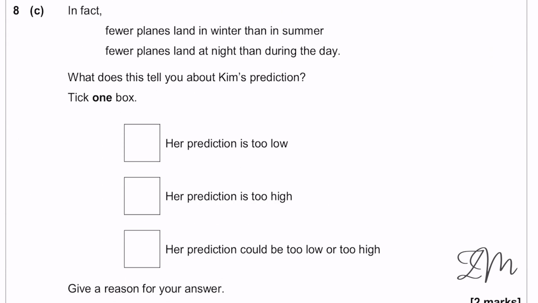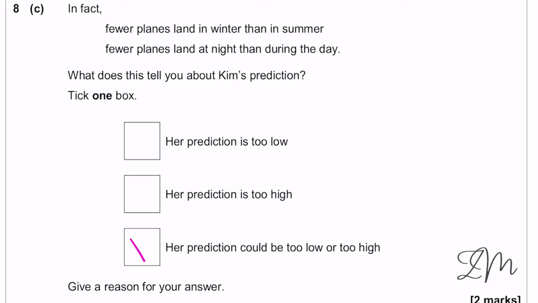Right, next. In fact, fewer planes land in winter than in summer. Fewer planes land at night than during the day. What does this tell you about Kim's prediction? Okay, well then her prediction could be too low or too high, because fewer landings would make it too low, but fewer landings at night would make it too high.